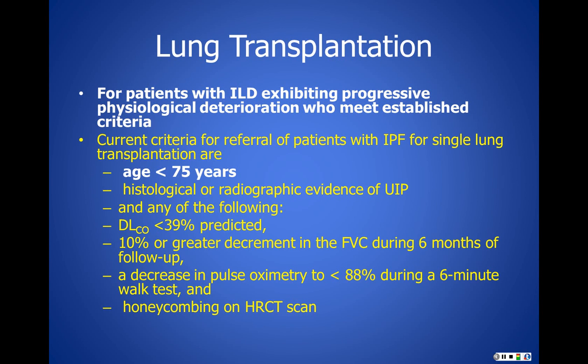If they have radiological or histological evidence of UIP, either or. See here, you don't need both of them. This is what I do. I get a high-resolution CT scan, I get PFTs, I have a detailed history. The moment I diagnose UIP on high-resolution CT scan, my dictation also goes to the lung transplant center on the same day.